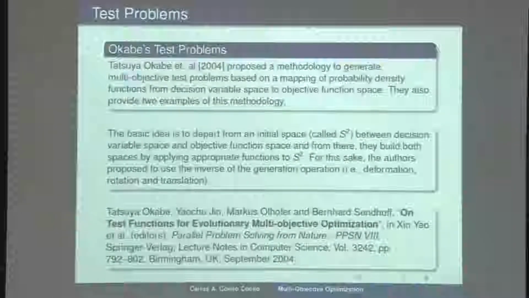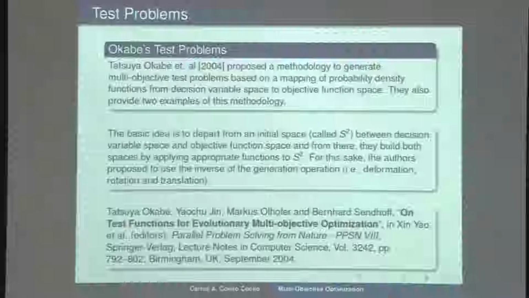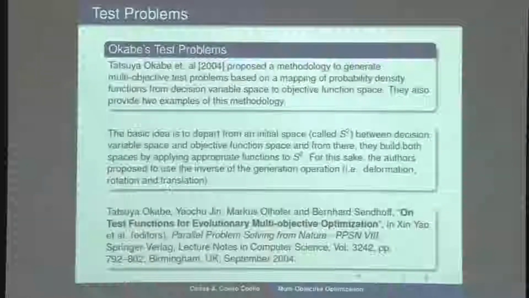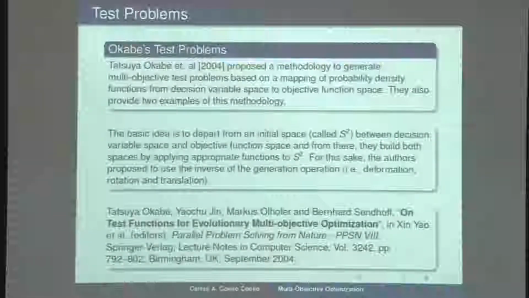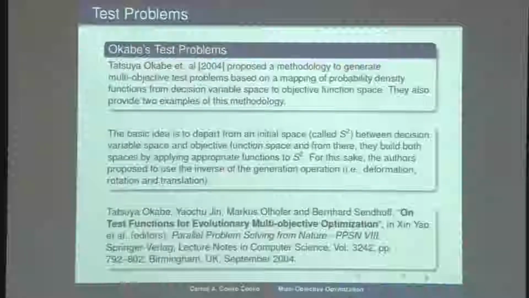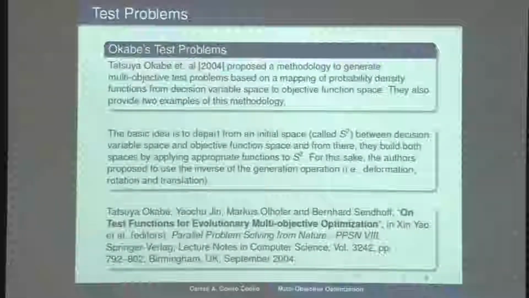So the idea is we depart from an initial space, and from there we have to build both the decision variable space and the objective function space applying a certain function. In this case, they propose to use the inverse of the generation operation. So it's deformation, rotation, and translation.